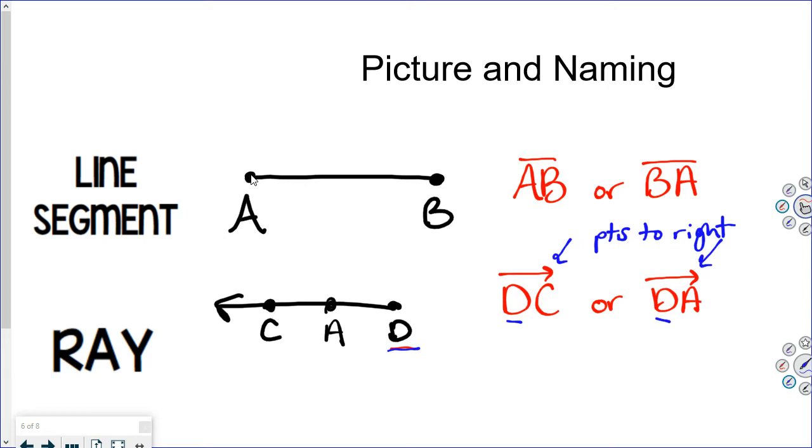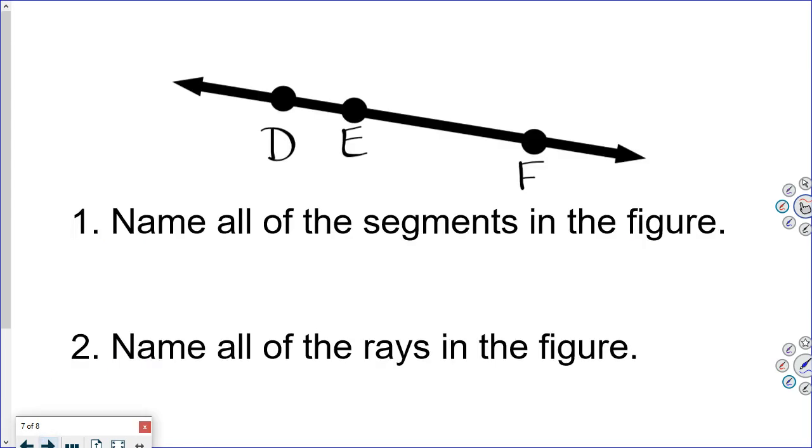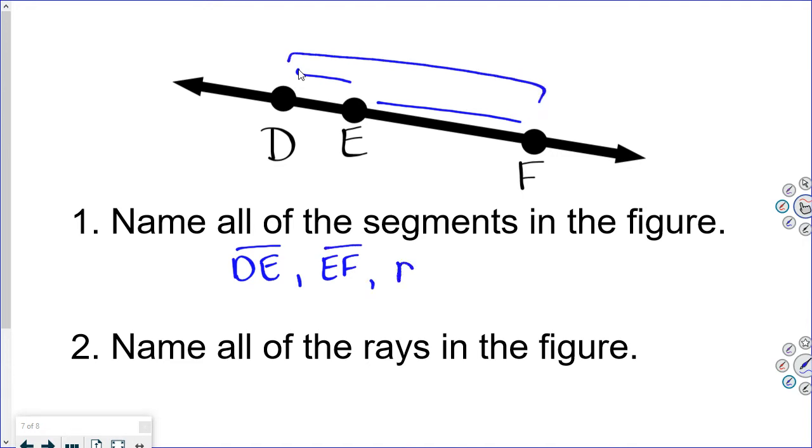As you guys are looking at some examples, I'm just going to do a couple brief examples. When you're looking at this question, it says name all of the segments in the figure. Well, you have the 2 small segments. You've got segment DE. You also have segment EF. And then obviously you have the big segment all the way across from D to F. Those are all the segments.